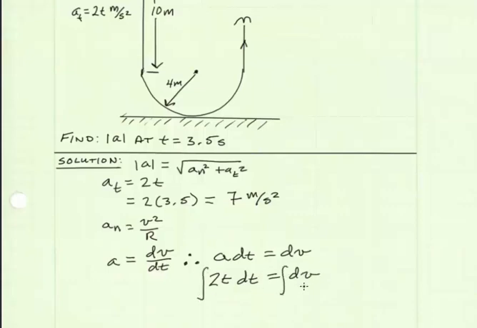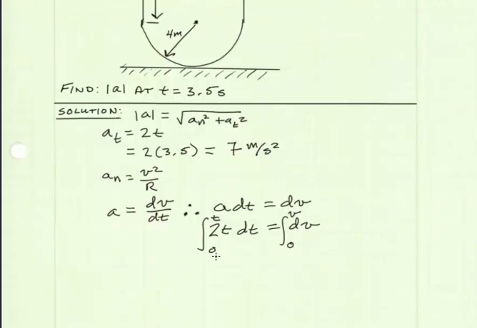And if we integrate both sides from a time of 0 to t, we're going to do it symbolically first. And for velocity, we started at rest, and we're looking for a final velocity. Integrating this, we're going to get t squared evaluated from 0 to t is equal to v evaluated from 0 to v, or t squared is equal to v.